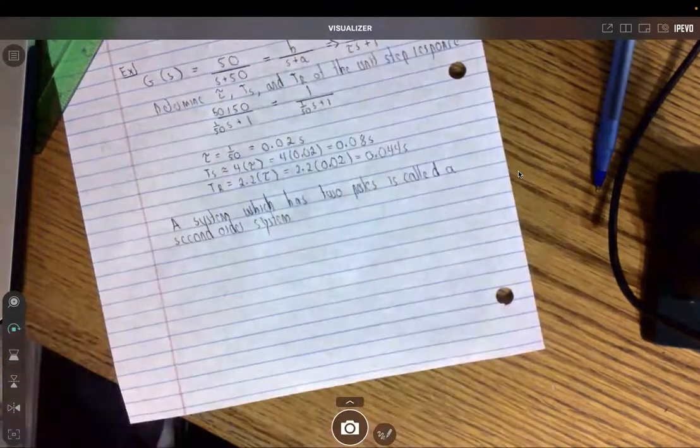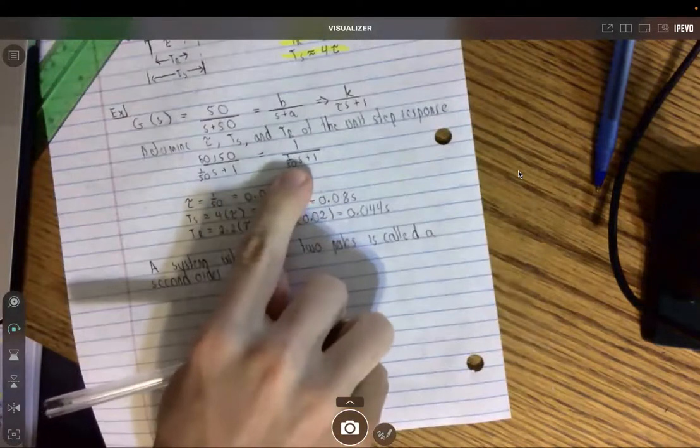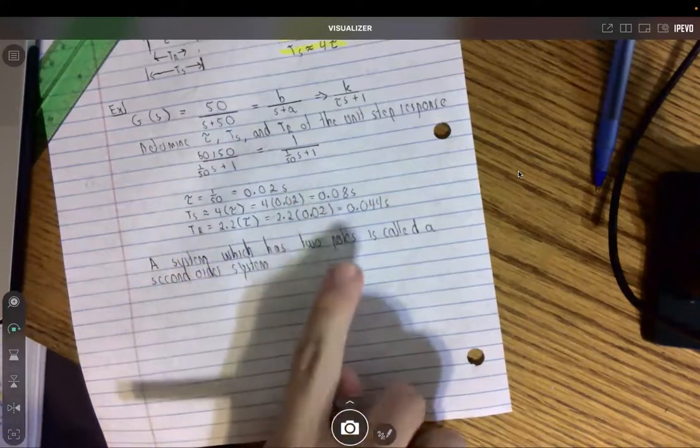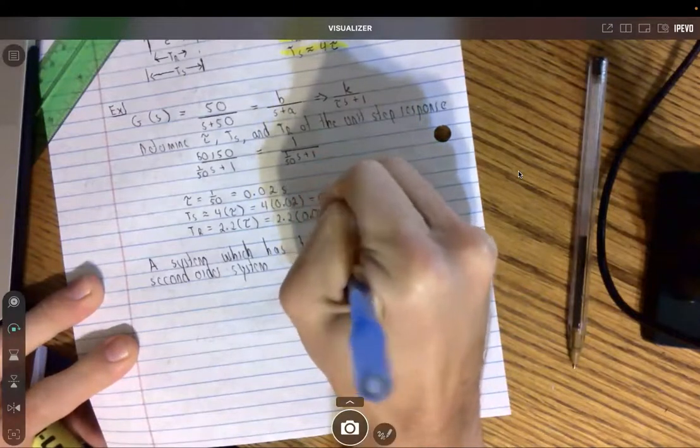Notice how we've been dealing with the case where we've only had one pole in our examples here. We only had one to begin with, s plus 50, so the pole's at negative 50. But here when we have two poles, that's when we call it a second order system.